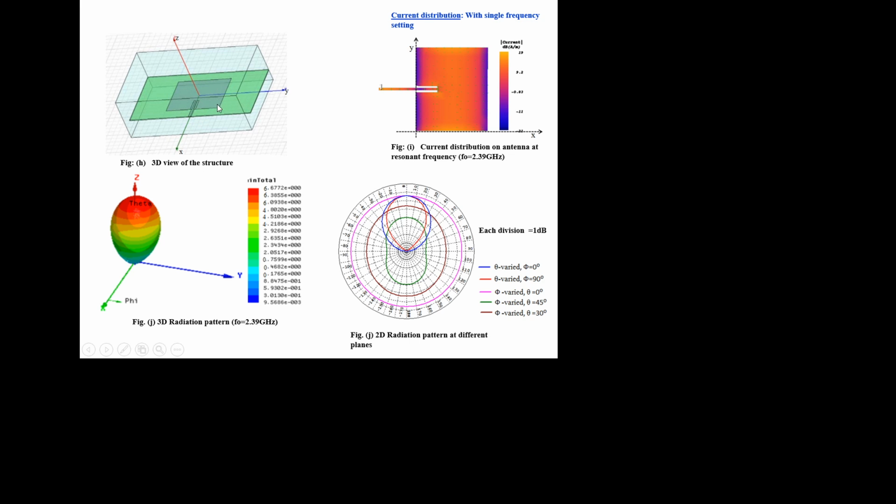At the bottom there is no radiation. This antenna radiates only above; below the xy plane there is no radiation, only above the xy plane, and maximum radiation is along the z direction.